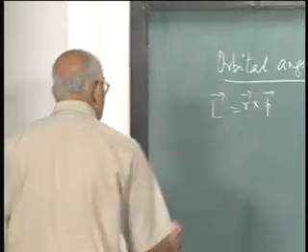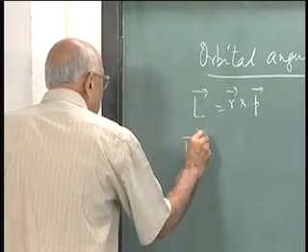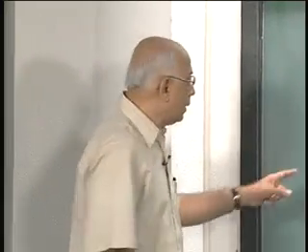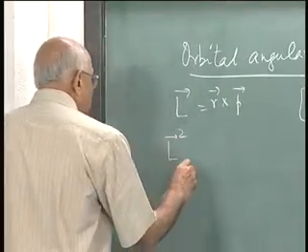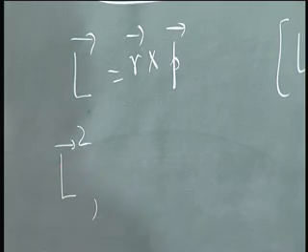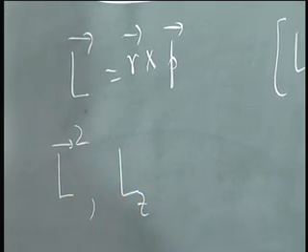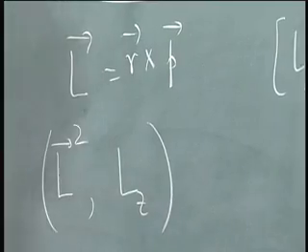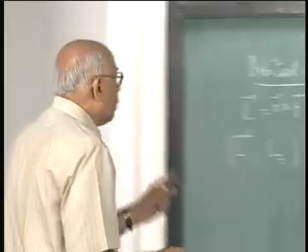We also know from our general study of angular momentum that the operator L squared, which is Lx squared plus Ly squared plus Lz squared, commutes with each of the generators, commutes with all components of the angular momentum, and in fact L squared and any component of L, let us say Lz, can be simultaneously diagonalized, and the eigenstates of the system of the orbital angular momentum could be written in terms of two quantum numbers.